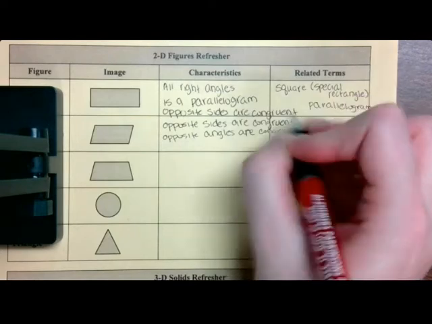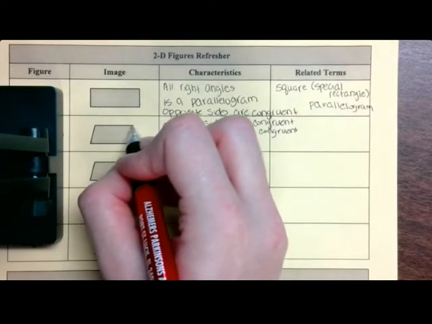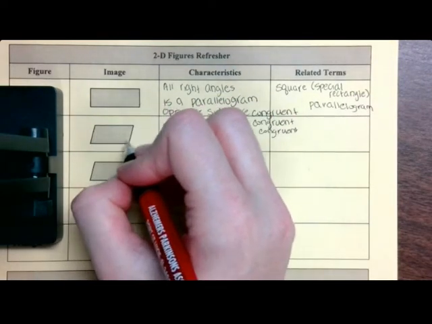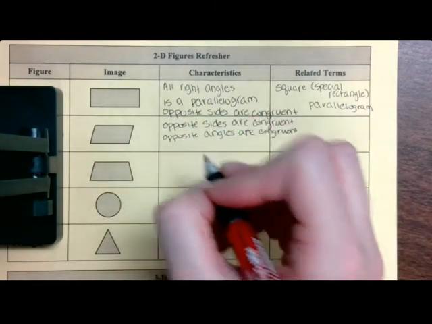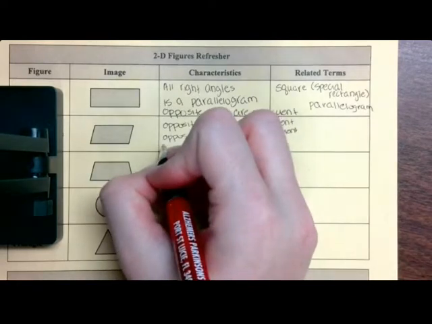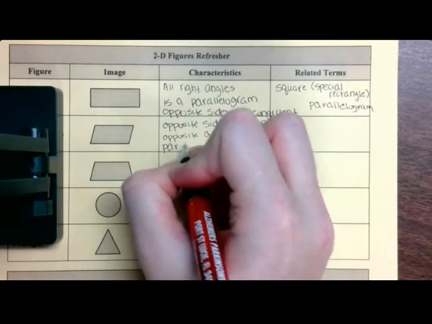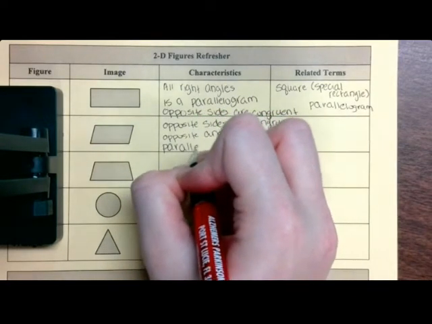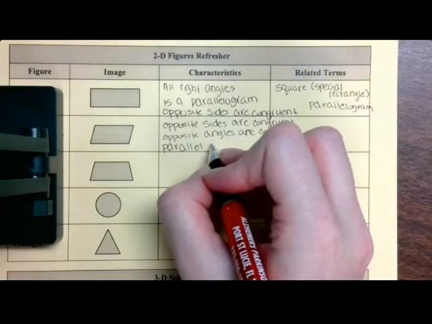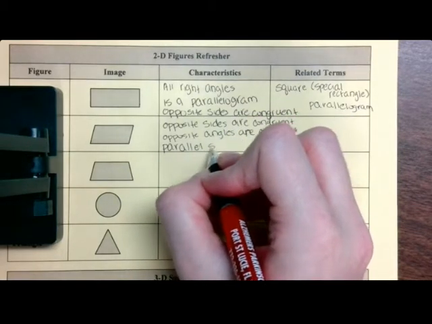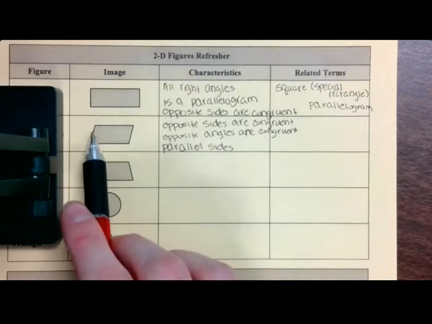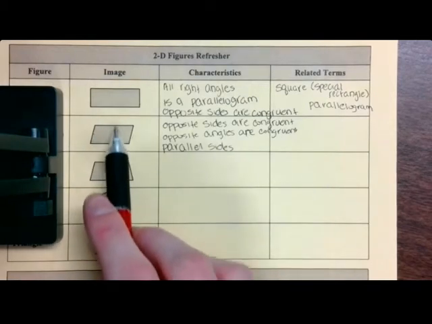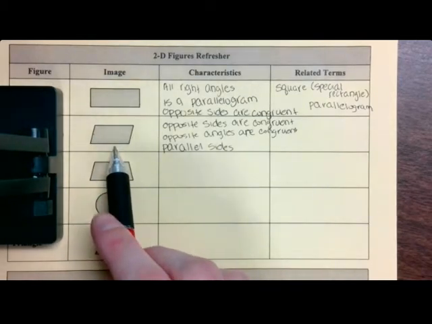So what I mean by that is if you're looking across, diagonally, those two are congruent and these two are congruent, okay? And then the last thing is just like rectangles, which we didn't put in there, but you know, parallel sides. And you should remember that parallel means they never will intersect. So these two will never intersect, and these two will never intersect. Okay?